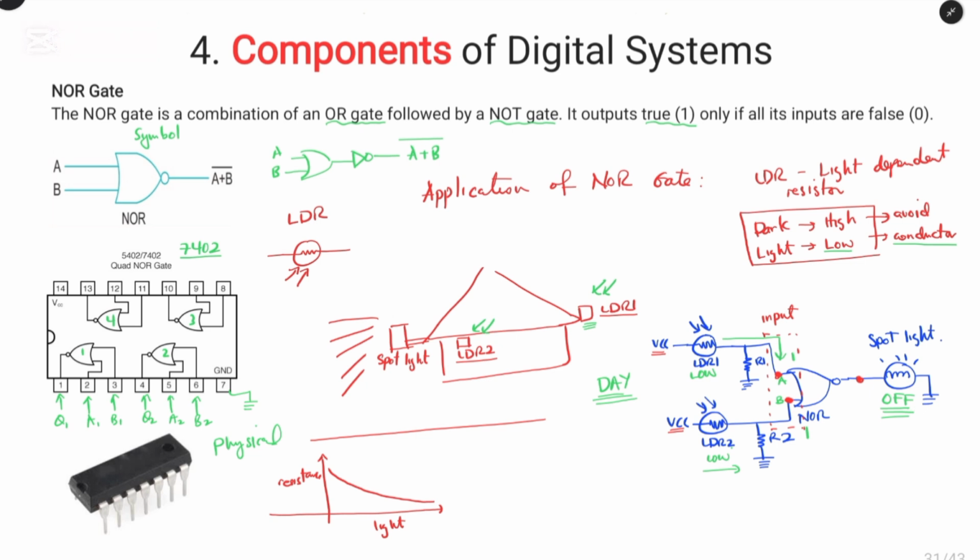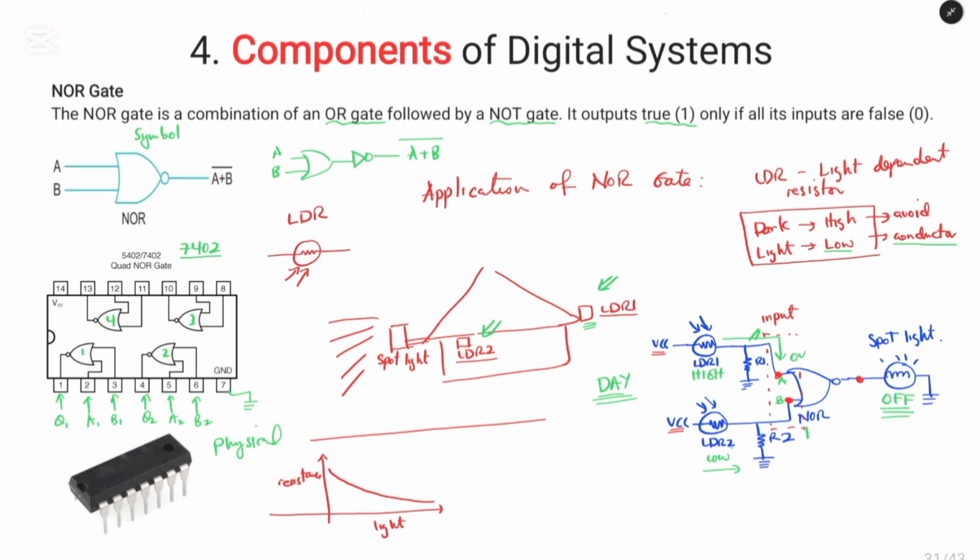Now finally, in the case of night, there won't be any light on LDR1. Now the resistance is high in this case, so no current is allowed to pass through, and we have 0 volts at input A. And imagine if we have the light inside the house, that means someone is still awake.